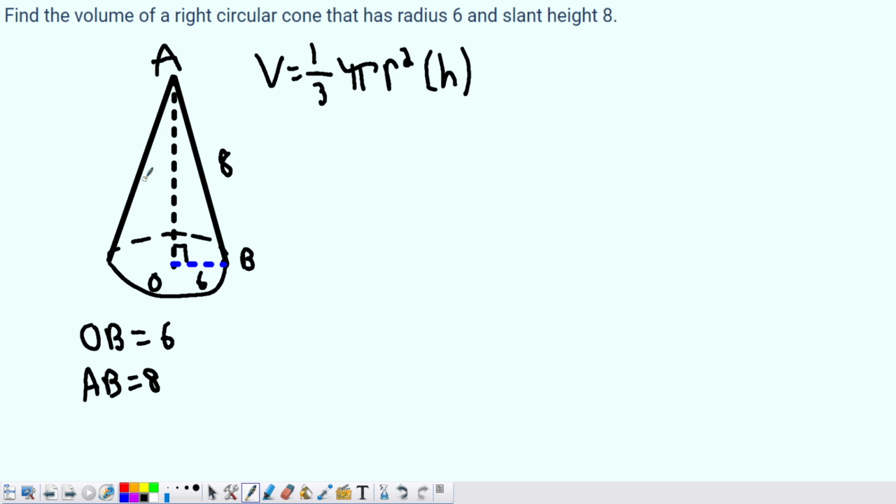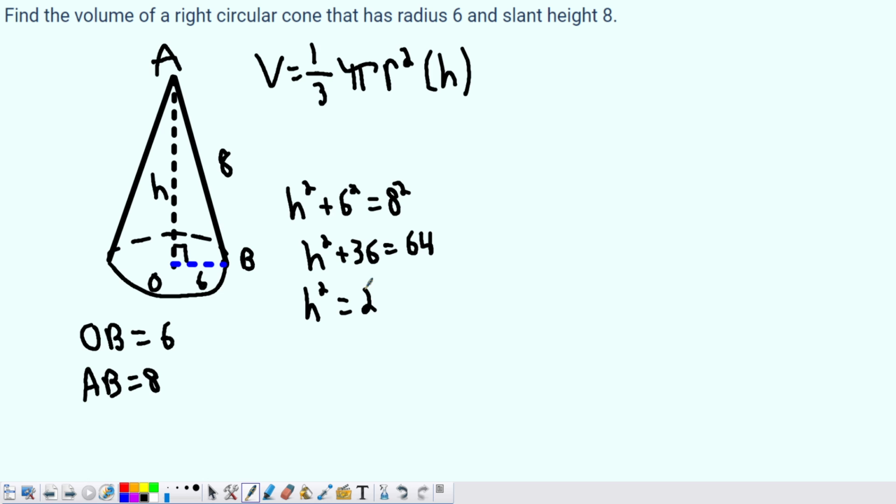So how do I find our regular height h? Use Pythagorean theorem. H squared plus 6 squared equals 8 squared, where 6 squared is 36, equal to 64. Do some subtraction. H squared equals 28.